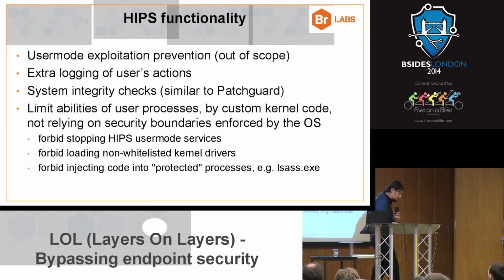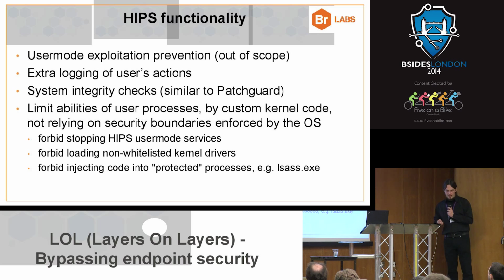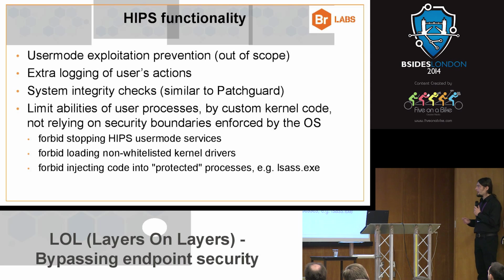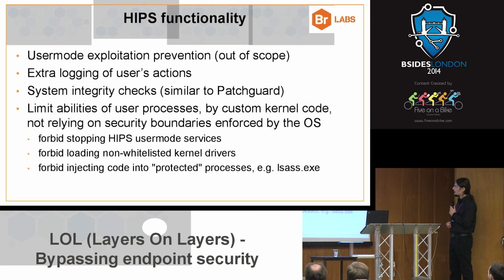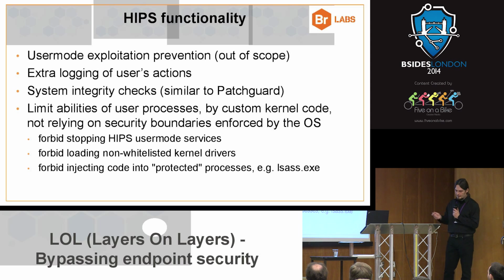Okay, and some similar capability can be expected from a host intrusion prevention system. HIPS is again a very fuzzy term. There are millions of flavors of HIPS, and again, I cannot claim I even know about all of them. But generally, what you can expect from HIPS is first user mode exploitation prevention, so some hooks in user mode that try to disrupt shellcode or ROP chains.